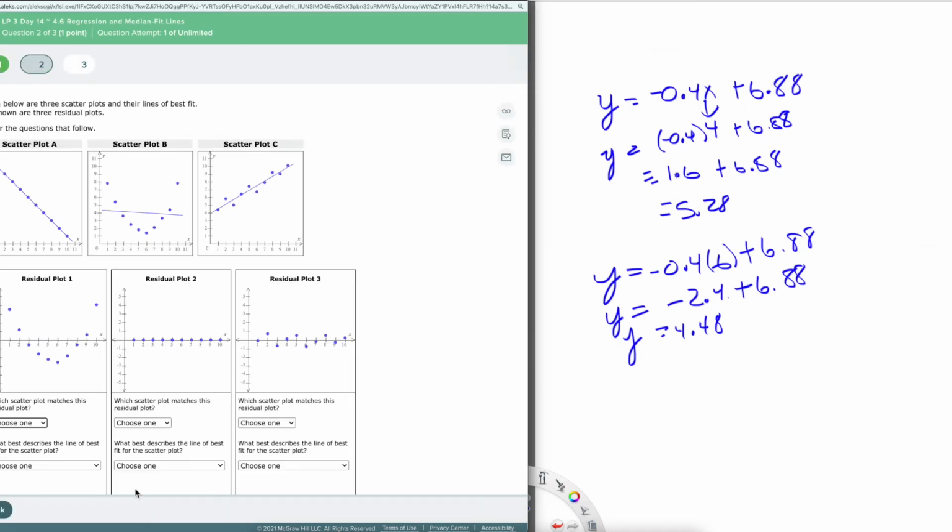So if we're looking at these, so shown below are the 3 scatter plots and their lines of best fit. Also shown are their 3 residual plots. So residual, remember, that's the time left over, meaning how close is the line of best fit to the actual information. So if we have scatter plot A, all of these dots are on the line, right?